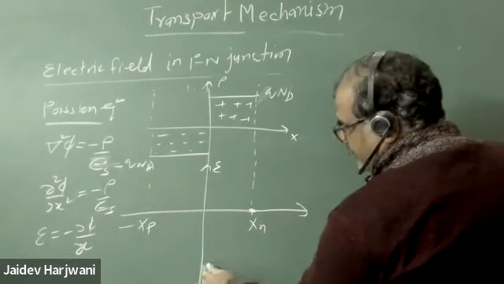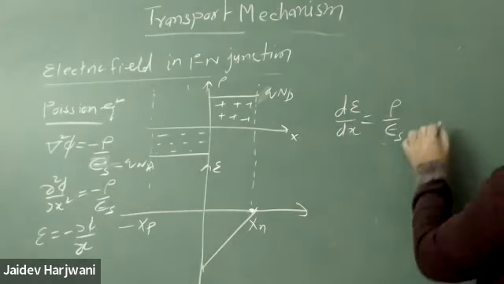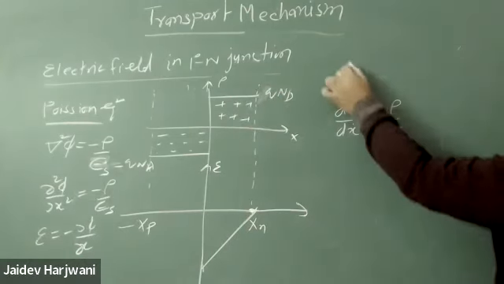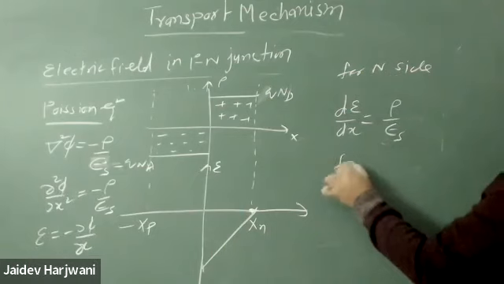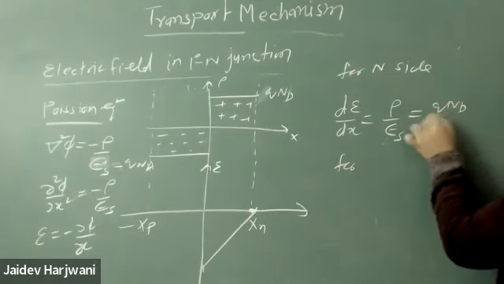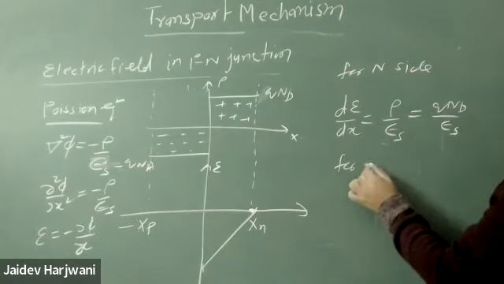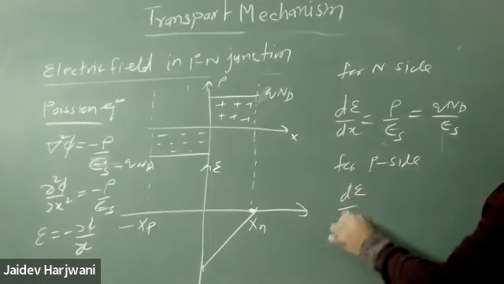So if I want to plot the electric field, I can draw it like this. Similarly for the P side, dE by dx equals minus q N A upon epsilon S.